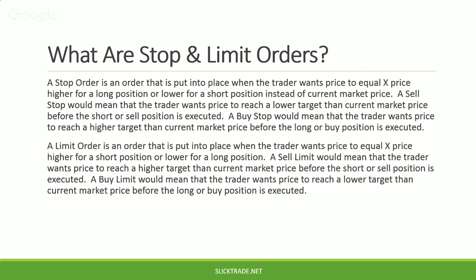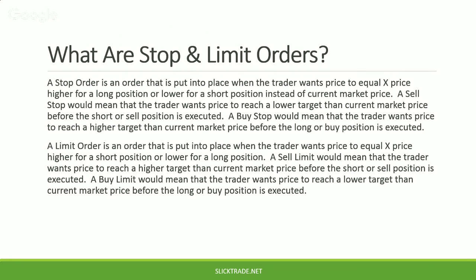A limit order is an order that's put into place when the trader wants price to equal X price higher for a short position or lower for a long position. A sell limit would mean that the trader wants price to reach a higher target than the current market price before the short or sell position is executed.